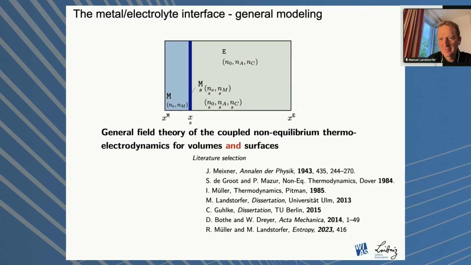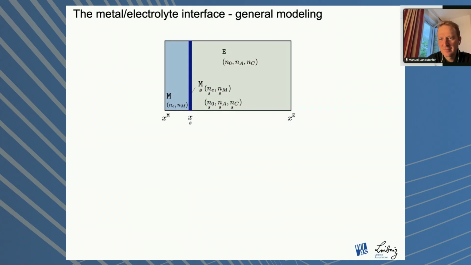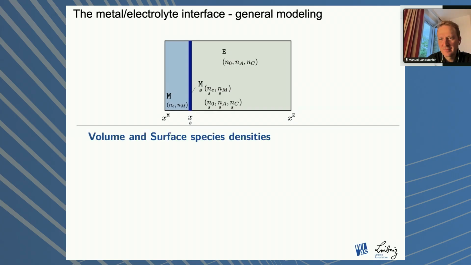This goes back to groundbreaking work of Josef Meixner in the 40s already, and then it was pretty well developed by de Groot-Mazur, Ingo Müller in the 80s. I did my dissertation on this. And there's, of course, a lot of work in this regime, and this was just a brief selection. If you want more details about references, please just let me know or write me an email or via our chat system.